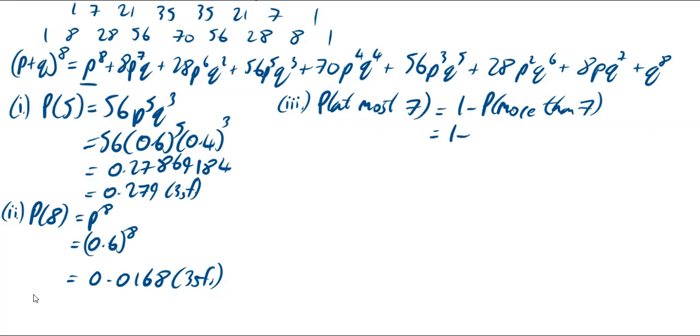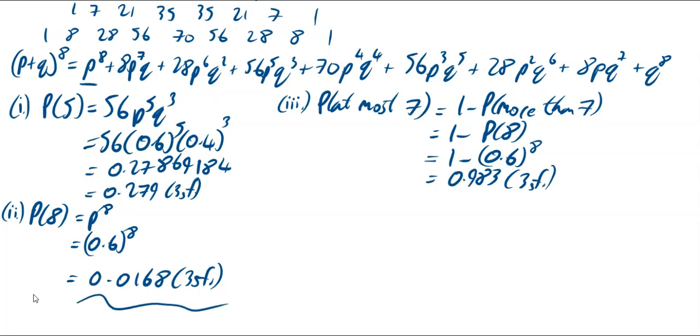So that's 1 minus, and more than 7 in this case just means your probability of 8. We had that already from earlier on. So 8 was 0.6 to the power of 8. Do that on my calculator again, and what I would get is 0.983 to 3 sig figs. Just notice, had I used this as my answer, I wouldn't have got the same thing, so I show a wee bit more working out for that one.